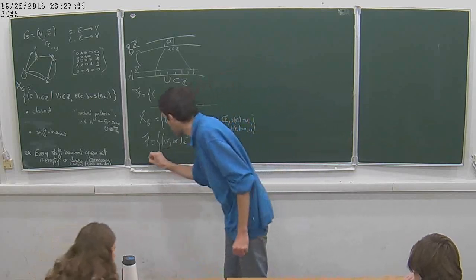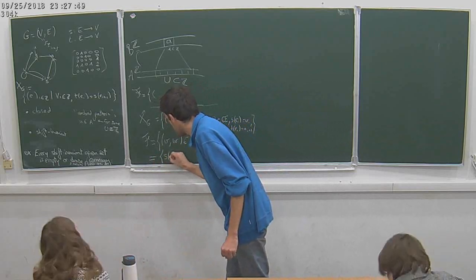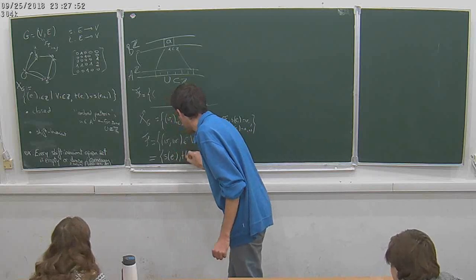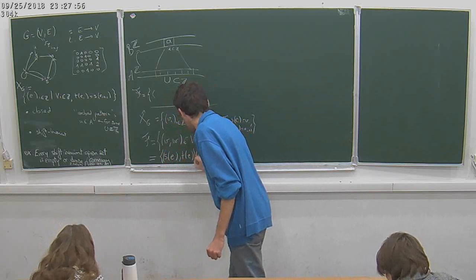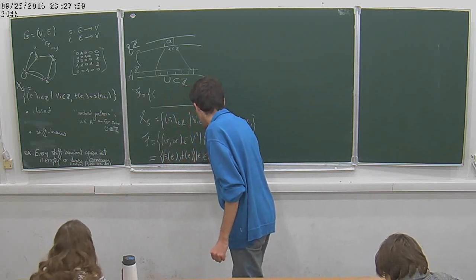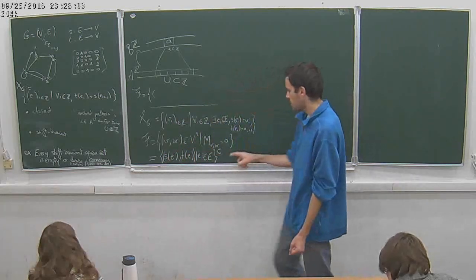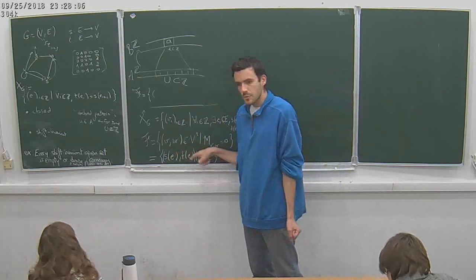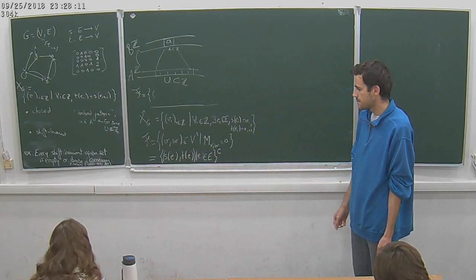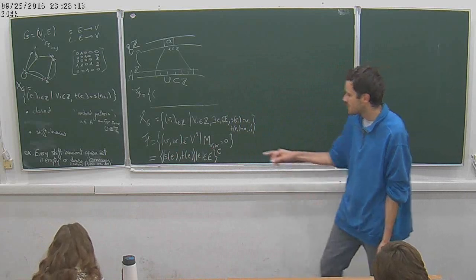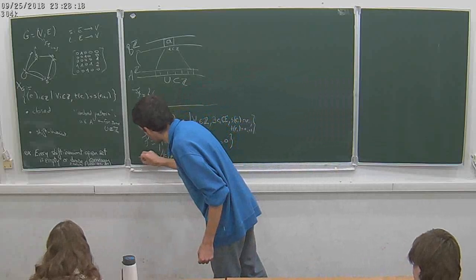So it's the complement of S. It's the complement of the pairs represented by all edges, in terms of V2. Did you understand?